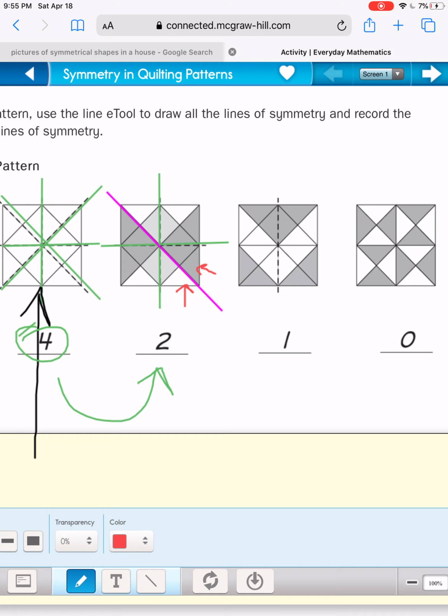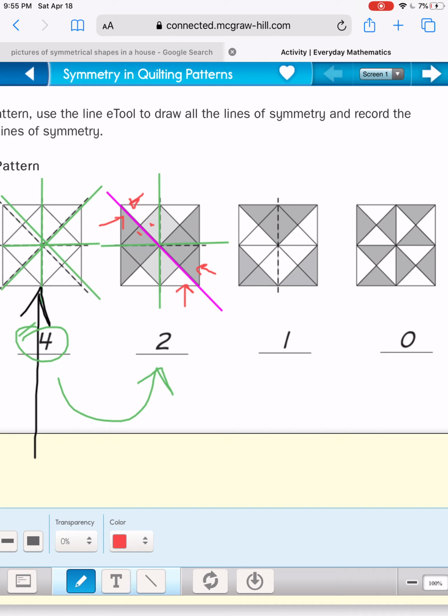Because when you make that fold, they would lie on top of one another. Same with this triangle and this triangle. This one and this one. So even though they're the same shape on top of one another, when you create that fold, the coloring is not the same. So that is why the lines of symmetry are different.